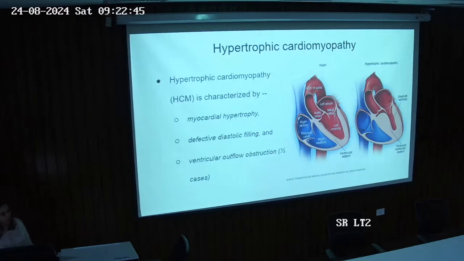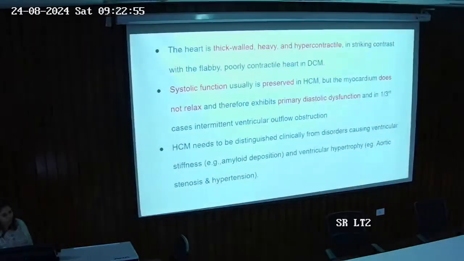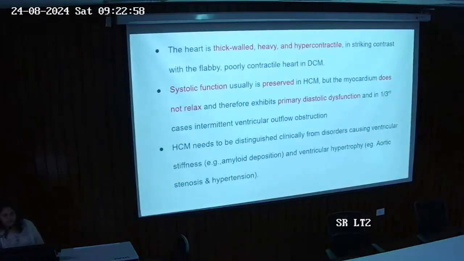Hypertrophic cardiomyopathy is characterized by myocardial hypertrophy, defective diastolic filling, and ventricular outflow obstruction. What happens in this? The heart is thick-walled, heavy, and hypercontractile. Systolic function is preserved, but diastolic dysfunction is there.